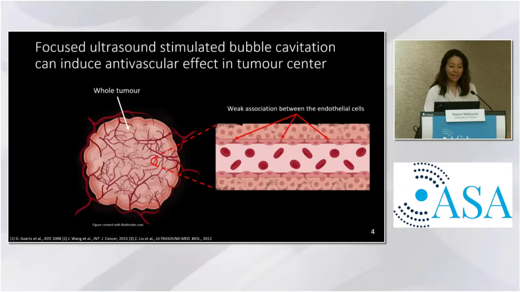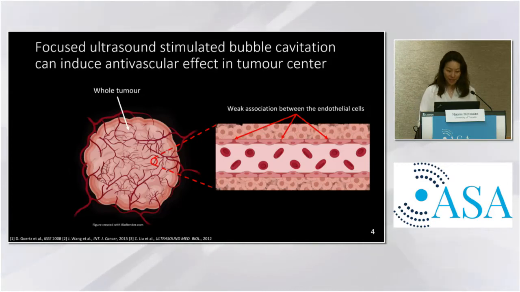One of the areas that I'd like to talk about is this damage that we create in these vessels. The whole tumor is made up of different sized vessels, and they're all really weird and not regularly formed due to the formation and the rapid proliferation of these cancers.